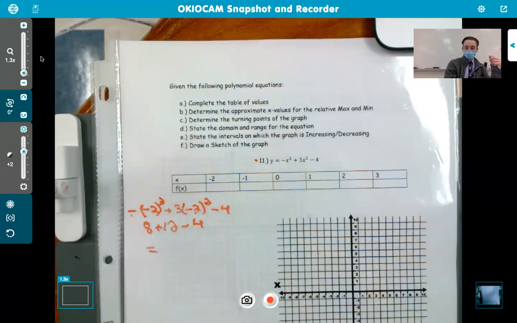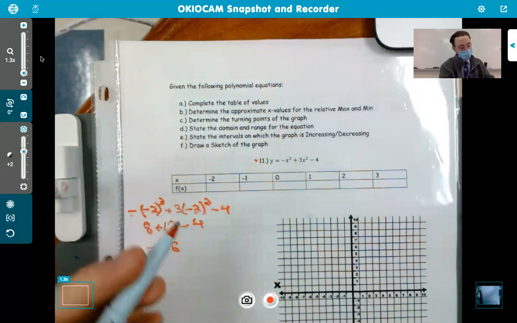Positive 36. Not positive 36. So I have 8 plus. Oh, wait, you mean the whole thing? Yeah, so 8 plus 12. Oh, okay. That's 16. 16. Good. Nice.